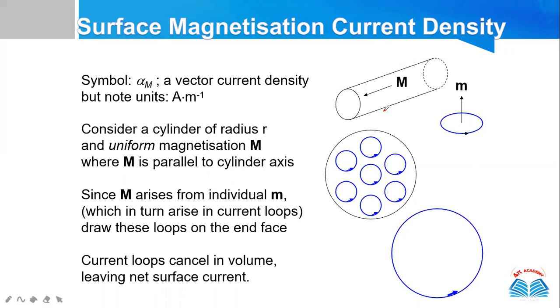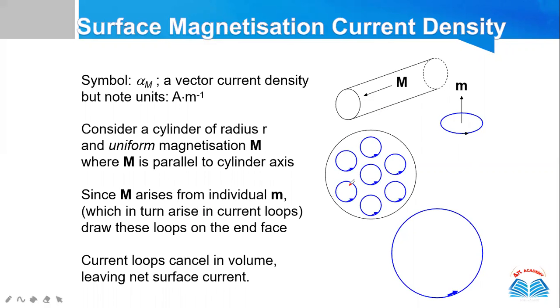Since M arises from individual m, meaning one dipole moment, there are many dipole moments in that cylinder, but we are talking about one dipole moment. Current loops cancel in the volume, leaving a net surface current.